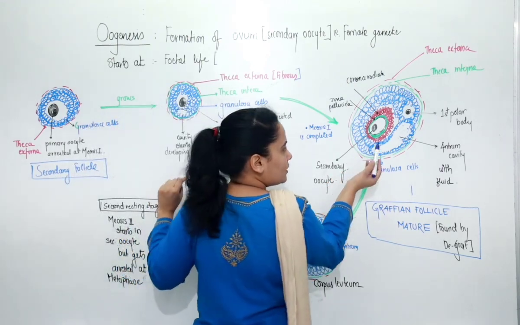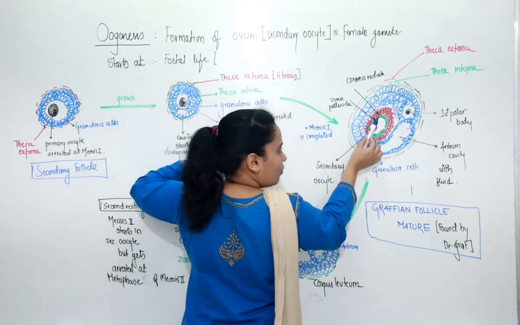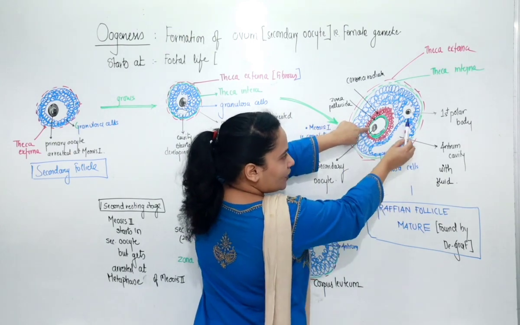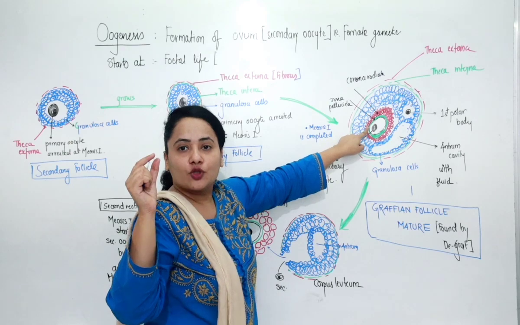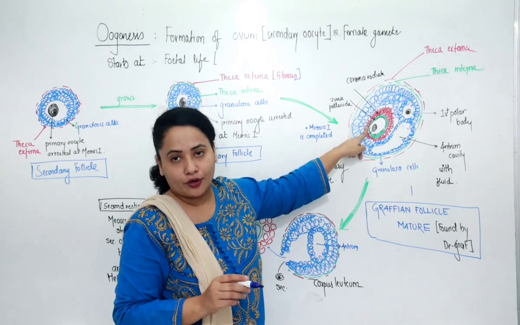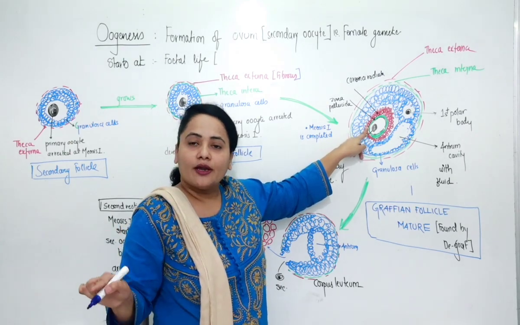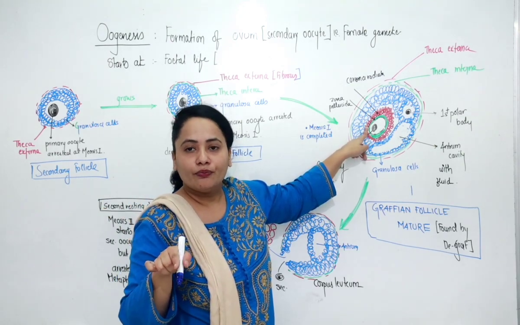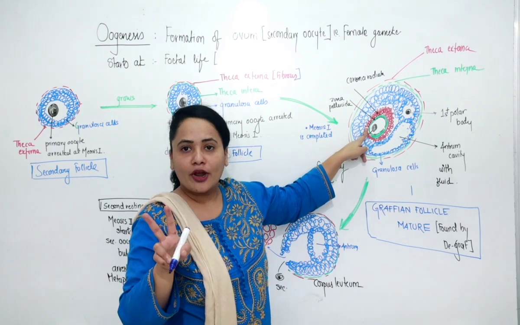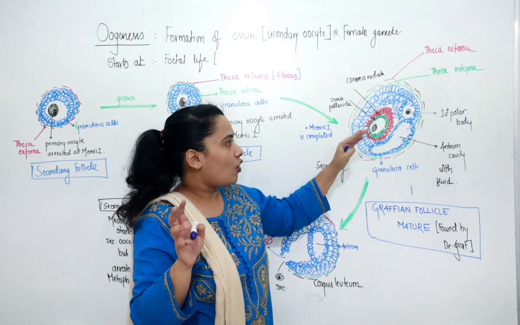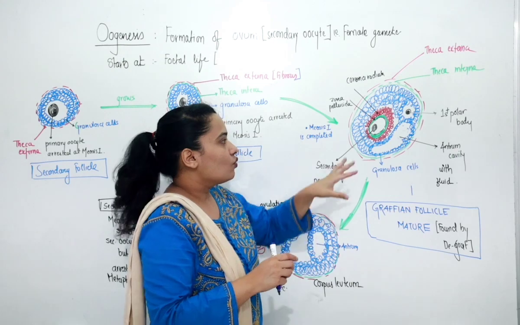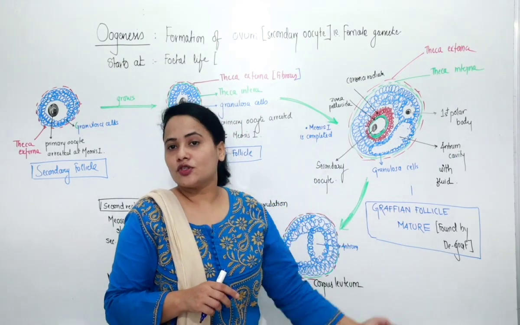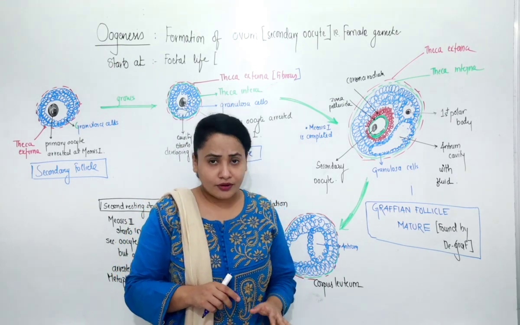So which are those two cells? From primary oocyte, one thing that is produced over here is the secondary oocyte. You can see over here. And the second small cell which is formed is the first polar body. So the primary oocyte completes meiosis 1 and produces two haploid cells. From these two haploid cells, one is the secondary oocyte and the other one is the first polar body, right?